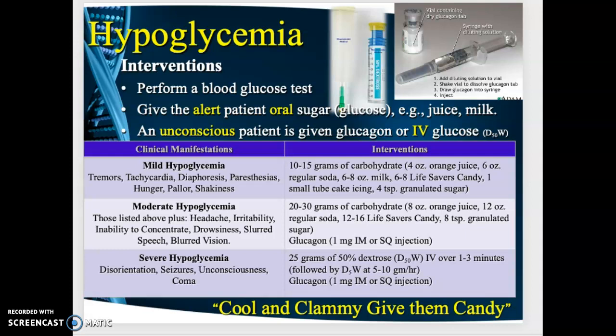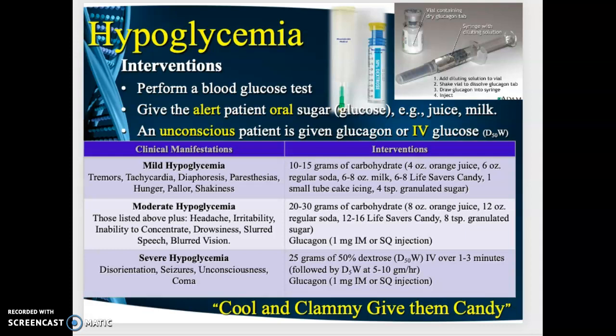So, hypoglycemia interventions. We talked about hypoglycemia being low blood sugar, so what does the person need? Well, it's obvious, they need blood sugar. We don't know how low their blood sugar is, so usually the best intervention initially would be to check their blood sugar level, and that would give us their blood sugar reading.